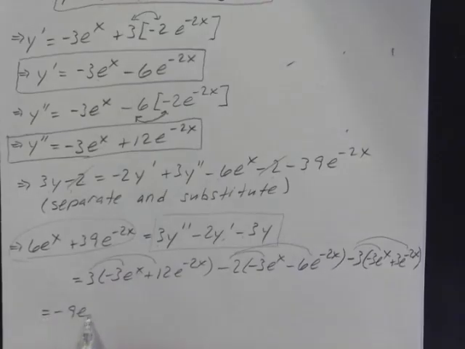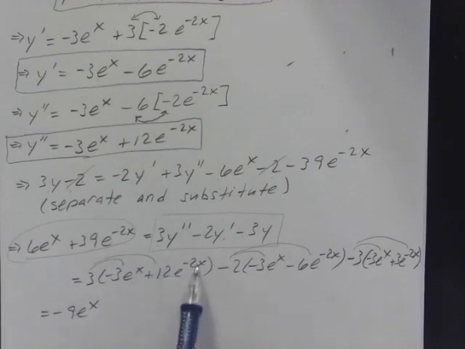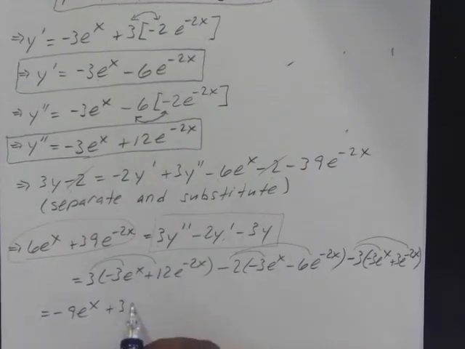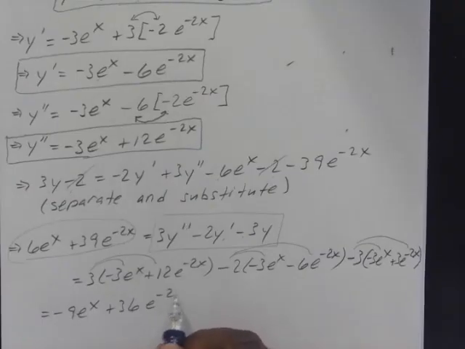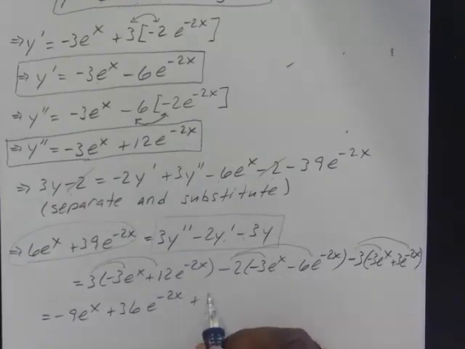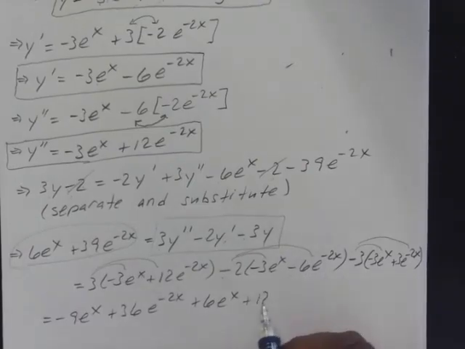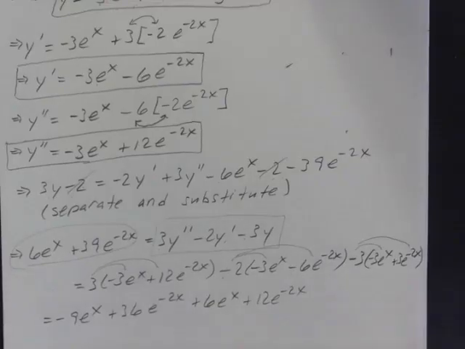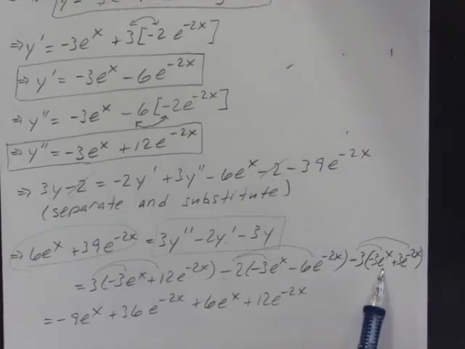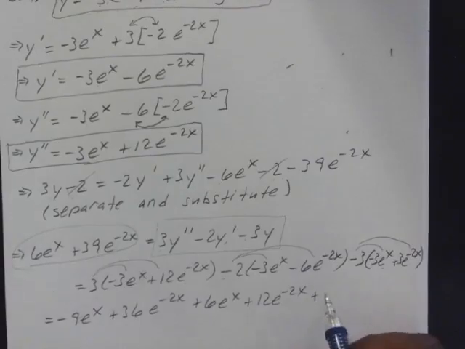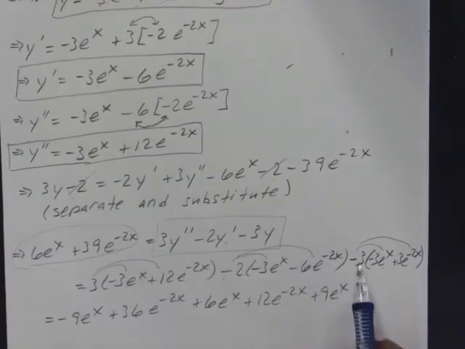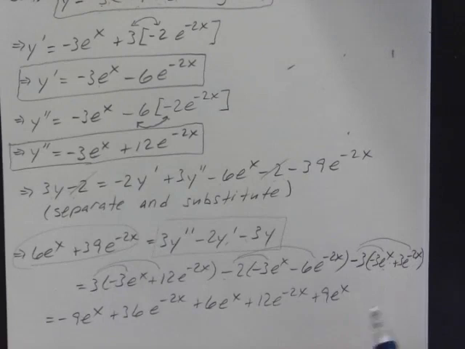So we have negative 9 e to the power of x plus 36 e to the power of negative 2x plus 6 e to the power of x plus 12 e to the power of negative 2x plus 9 e to the power of x minus 9 e to the power of negative 2x.